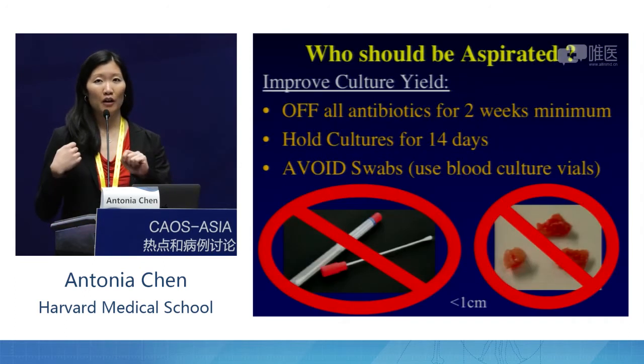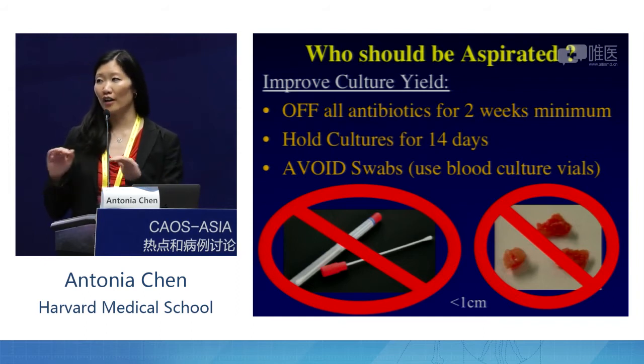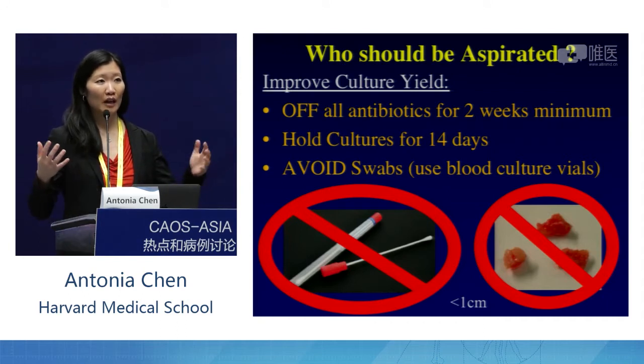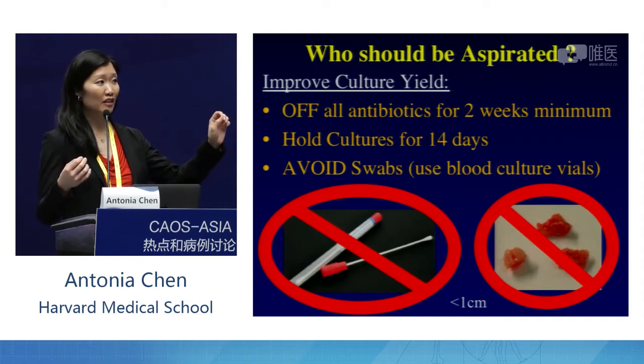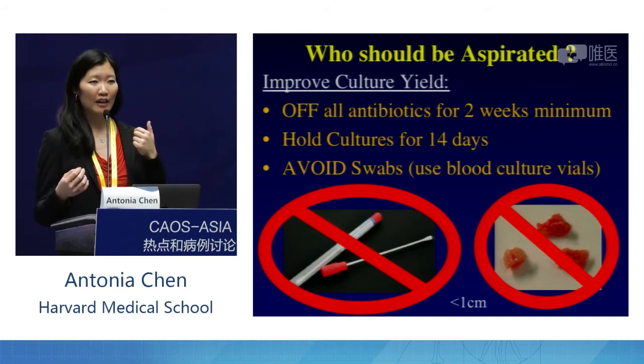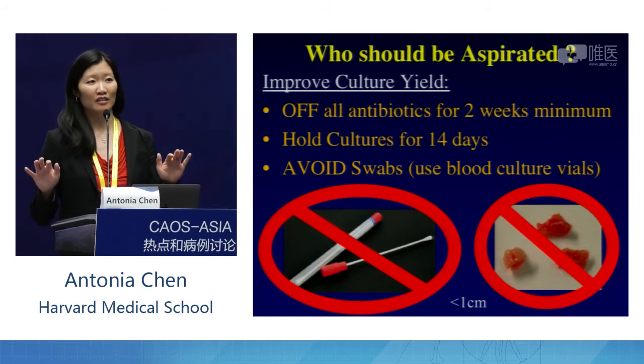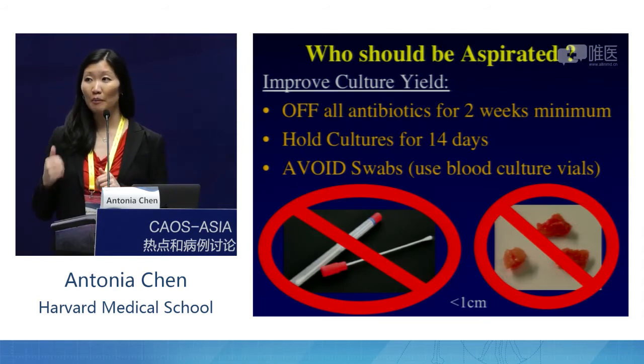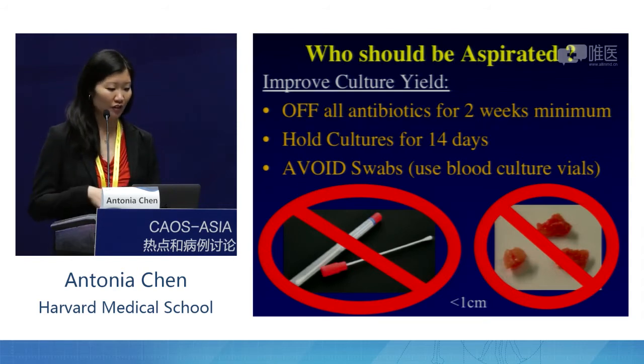If you take a puncture from a patient, you want to ideally have them off antibiotics for 2 weeks. In the US, and I think in China too, medical doctors put patients on antibiotics. That's not good. So you want to stop antibiotics and wait 2 weeks so you can improve the diagnosis of infection.